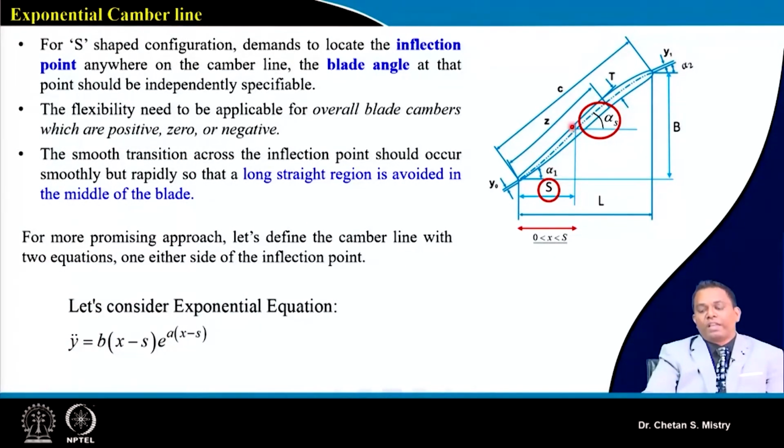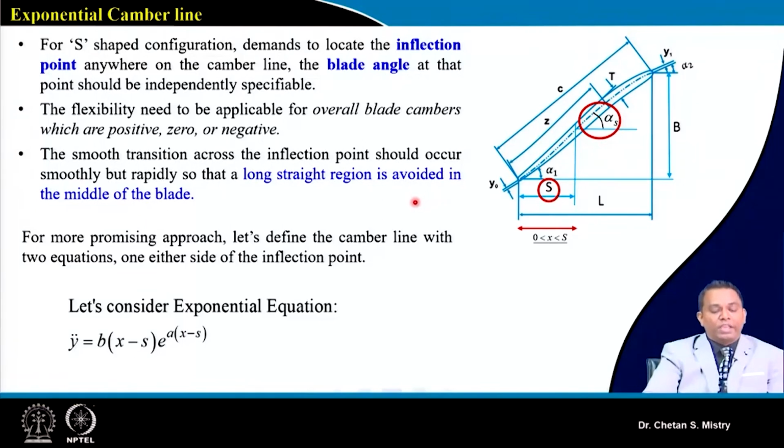This is a location at some point S, which we call the inflection point, and this is some angle alpha S. So we will be putting some point, and we will have control on that. We will have one line up to some location, and a second line up to some location, and that's how we can go with the development of this kind of camber line.